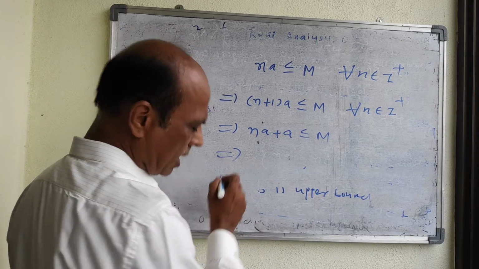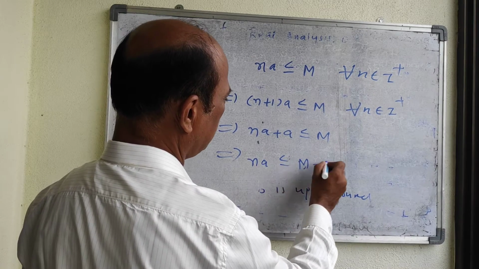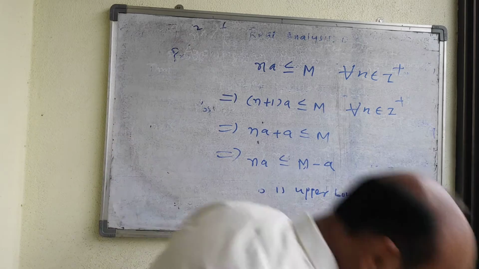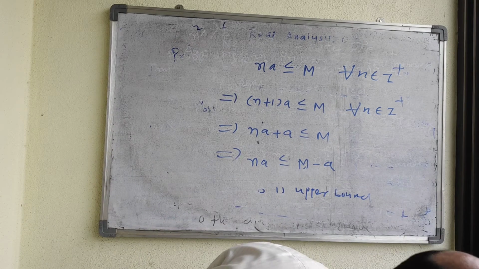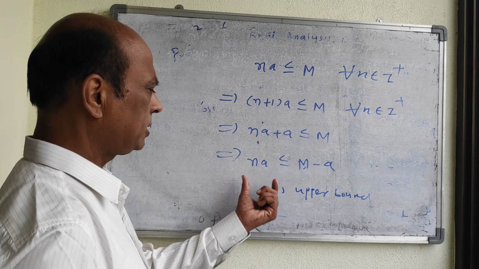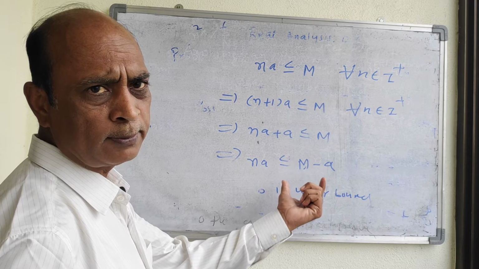So what does this imply? This implies that nA is less than or equal to M minus A for all n belongs to I plus. So what does this imply?